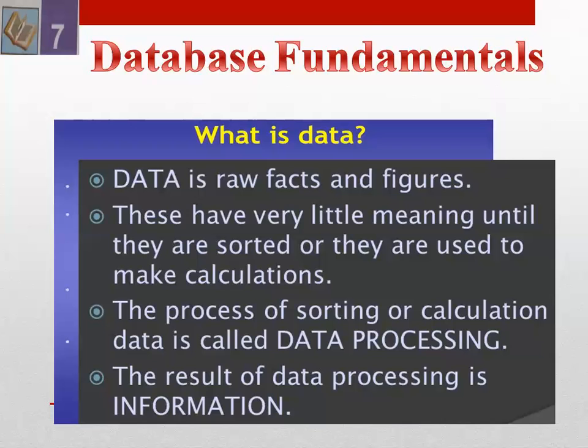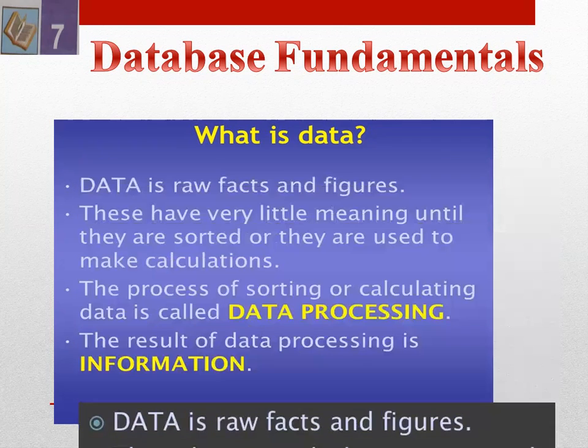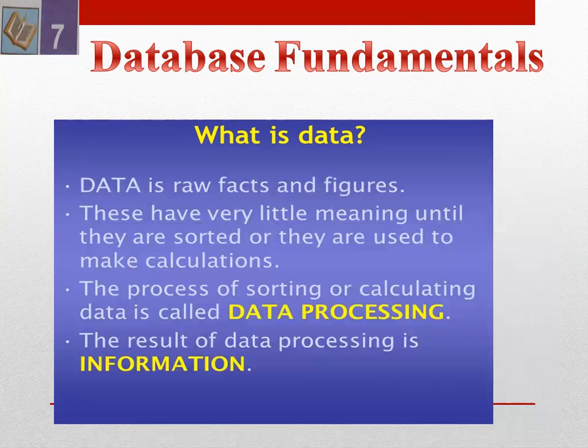So what is data? Data is raw facts and figures, and these are meaningless until you perform some operation on that data. These have very little meaning until they are sorted or used to make calculations. The process of sorting or calculating data is called data processing, and after processing, your data is converted into information.